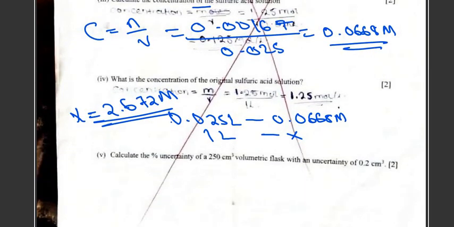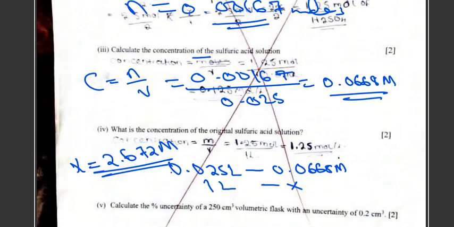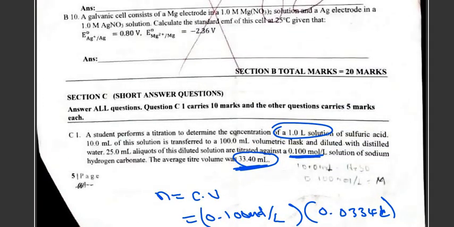Then once you get this, according to our question, the initial volume is 1 liter. So that's the reason why we're using this, right? If anything, we're supposed to get from the 25 aliquot that was diluted, then back into the 10 mils, then back into the 1 liter. It's like we sampled this thing 3 times.